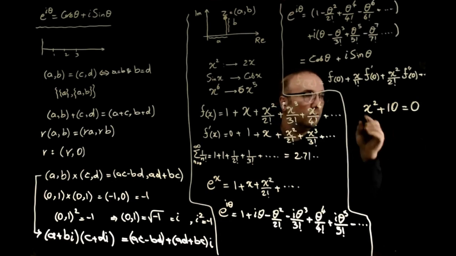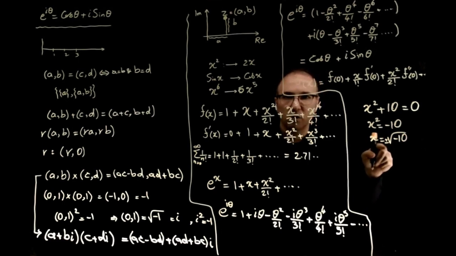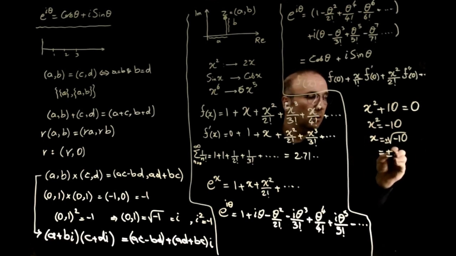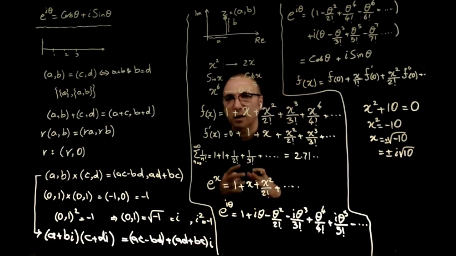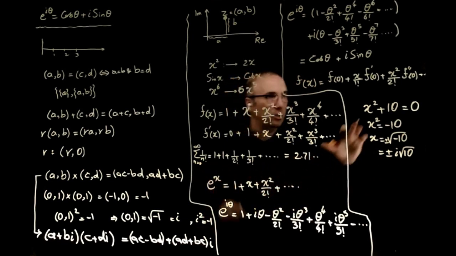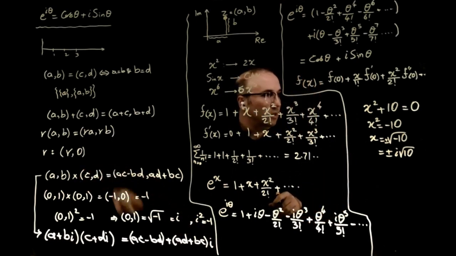I mean, I would have x squared equals -10, so x equals plus or minus square root of -10, or square root of 10 times i, right? So it has a solution when I generalize my notion of multiplication and go to two-dimensional numbers.